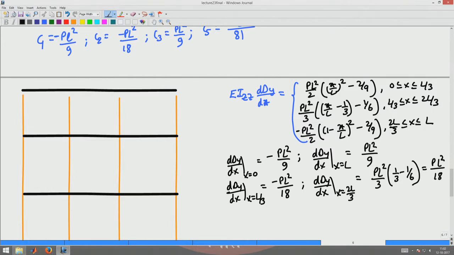This again should have opposite sign, but same magnitude because of symmetry, and because the slope has to be the same in magnitude at equidistance from the center of the beam.